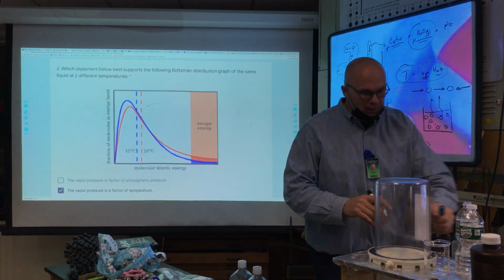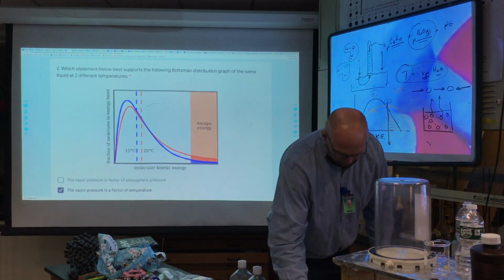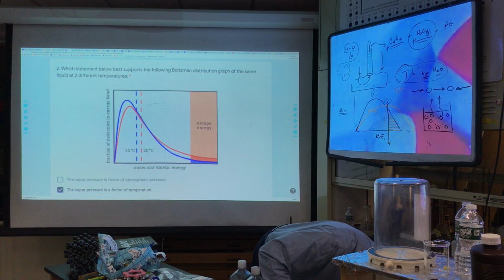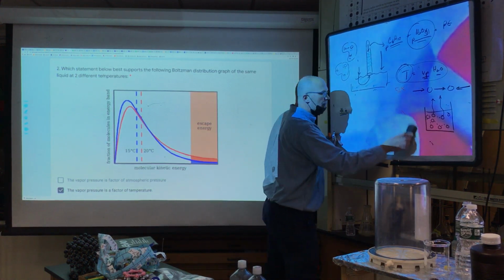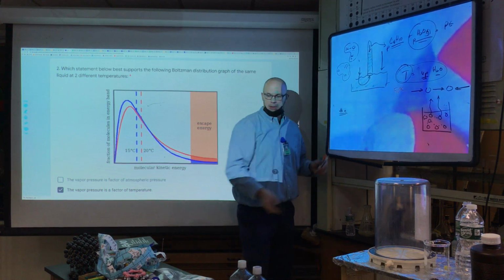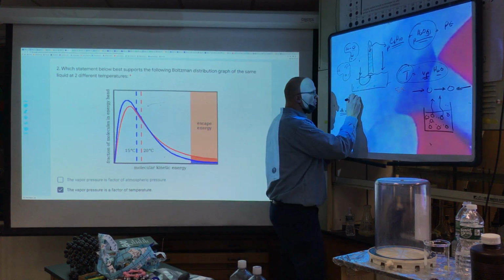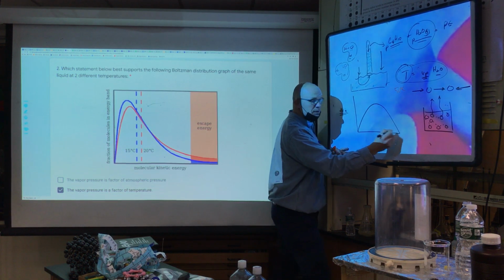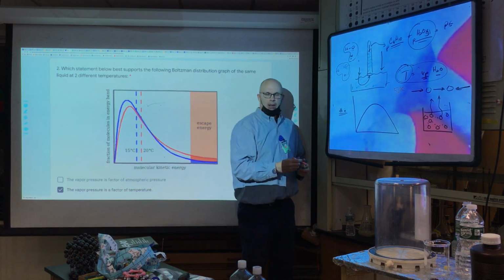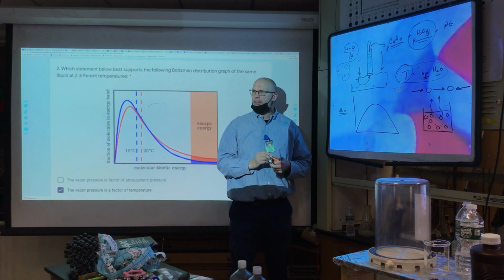Now, something else I want to mention when we talk about the Boltzmann distribution graph: what if I compare two different liquids? That was for homework as well. Here I have water at a certain temperature, and let's have propanone.